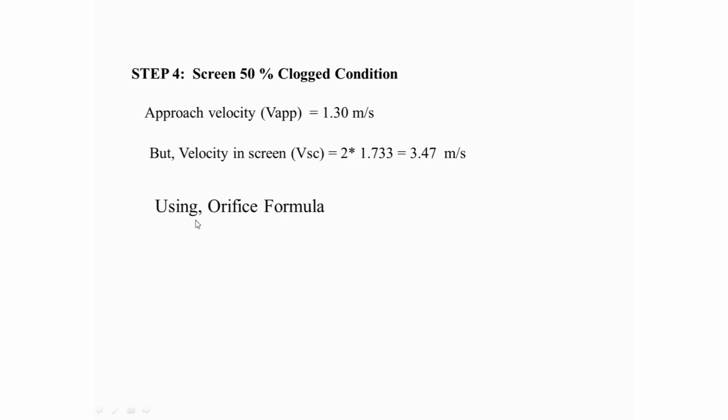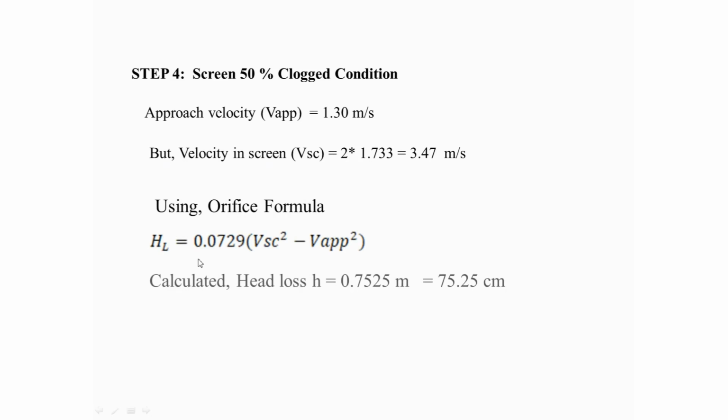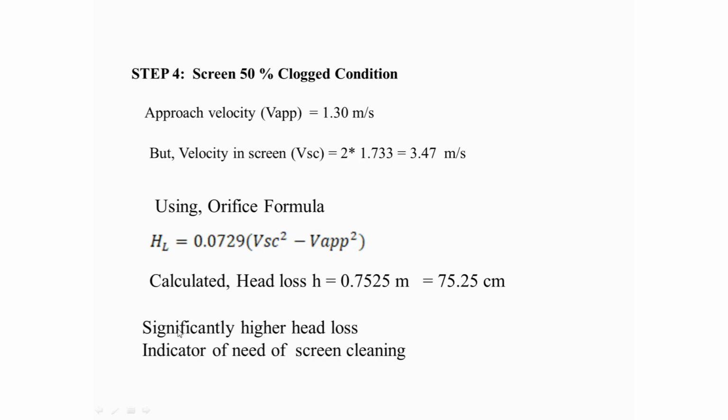By using the orifice formula, we calculate the head loss to be 75.25 centimeters, which is very high. So we had previously increased the freeboard and kept it at 0.8 meters. This head loss is significantly higher. This is the indicator of screen cleaning time.